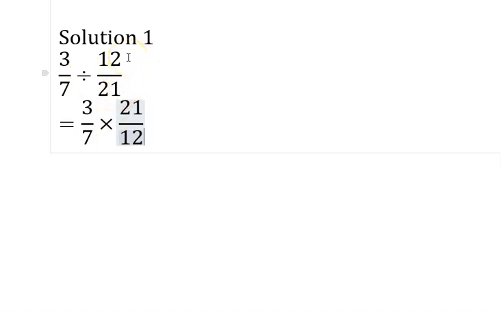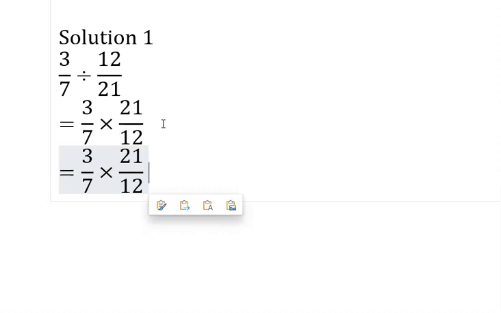So 21 is going up and 12 is coming down. Then you have it like multiplication of fraction already. You can cut out or multiply, so whichever suits you, you do. So from here, you just go through the same process as multiplication of fraction. It is as easy and simple as that.